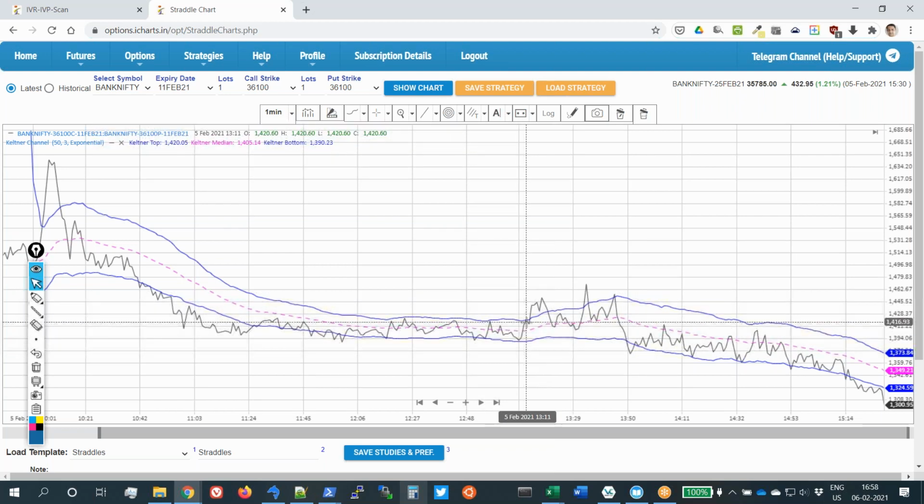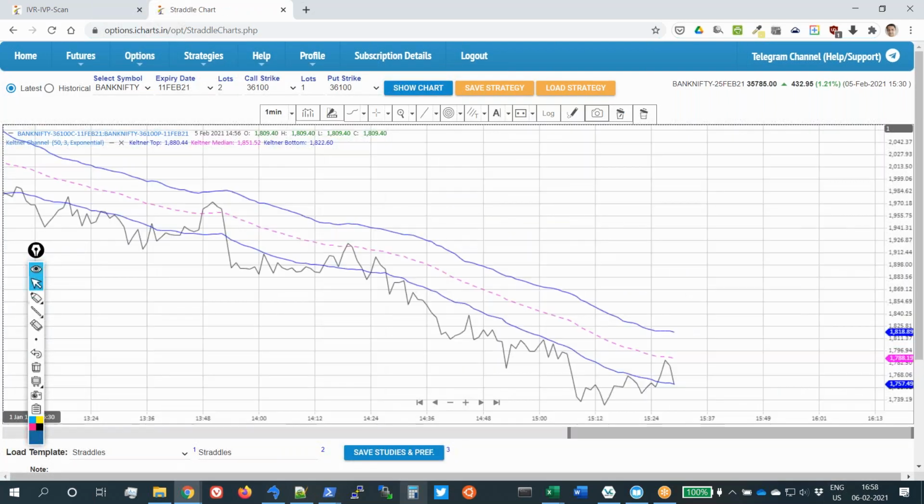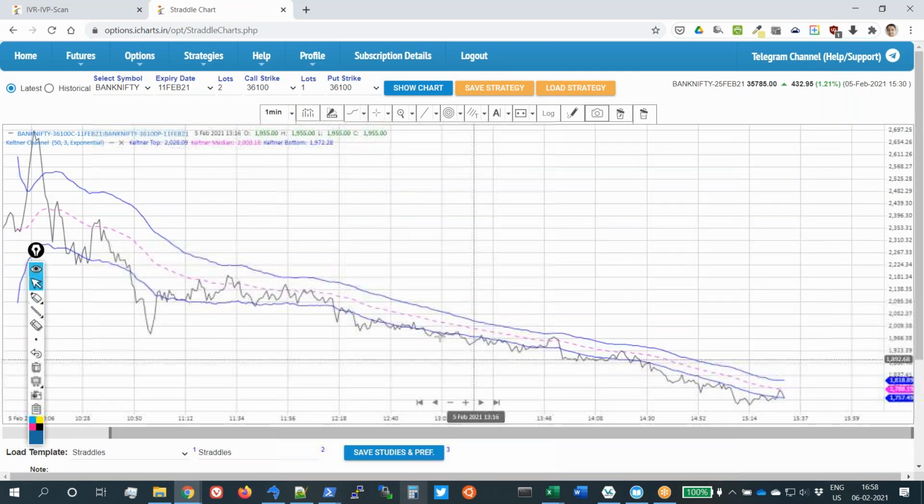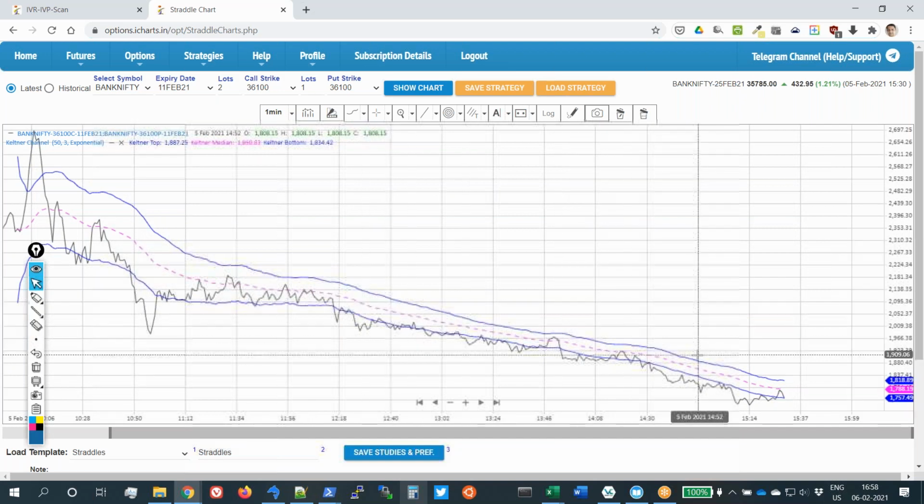You would also be monitoring option charts. If you think some option is breaking out, like probably here call was breaking out, then you would add one more over here, and once you change it to 2 lots here, again the structure has become the way you want. It is going down.